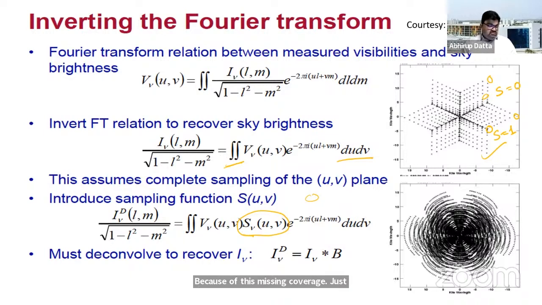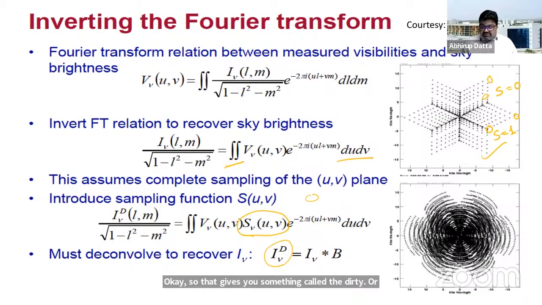Because we are not having a filled aperture, we're having discrete antennas which can only fill a certain amount of the UV plane and not complete. Okay, so that gives you something called dirty or incomplete coverage.